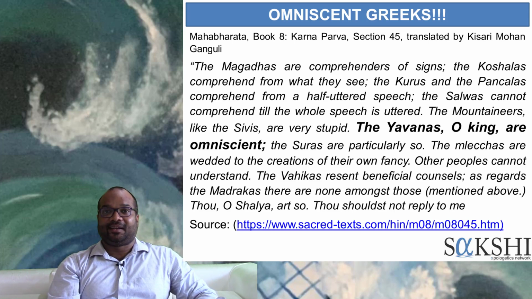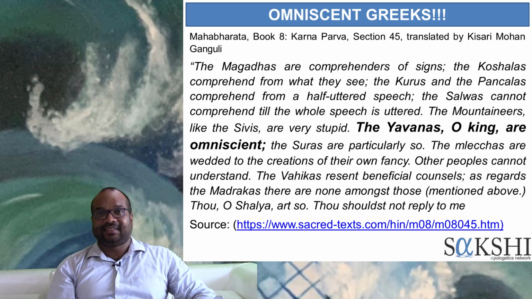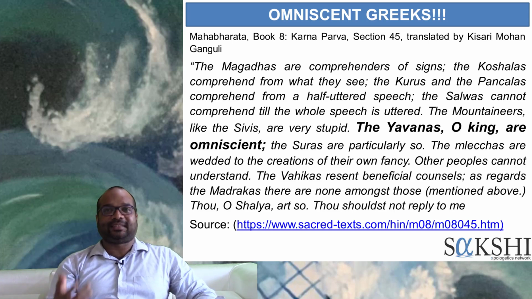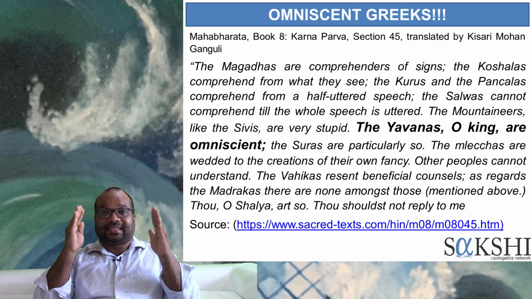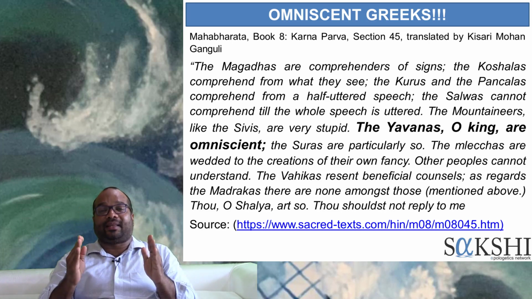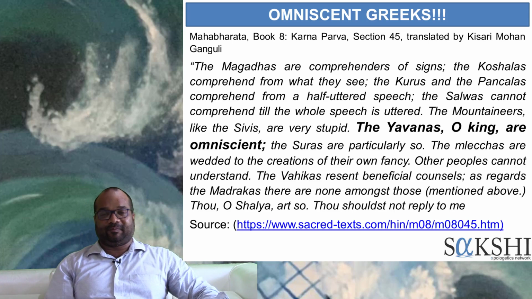Why? Why such exaggeration? How can you call anybody as omniscient other than God? We can understand this exaggeration that is given in the Mahabharata only in the context of the astrology.